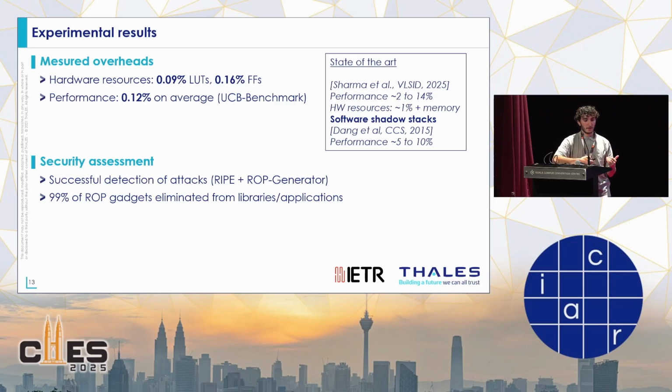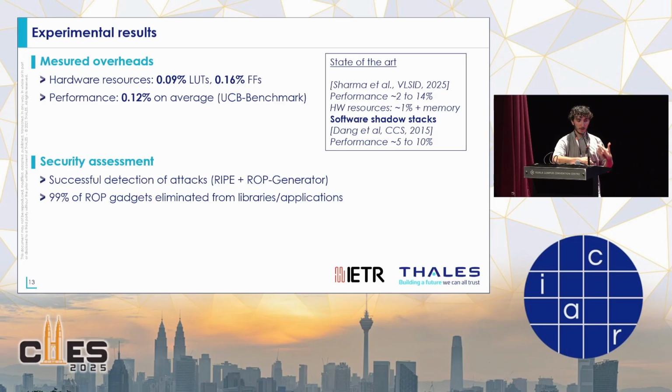But the most important factor is the remaining gadgets usable by attackers. So we measured that with an in-house tool that gets gadgets from applications for the RISC-V architecture. We only measured the difference between the ROP gadgets and the call-preceded gadgets that we have as part of applications.